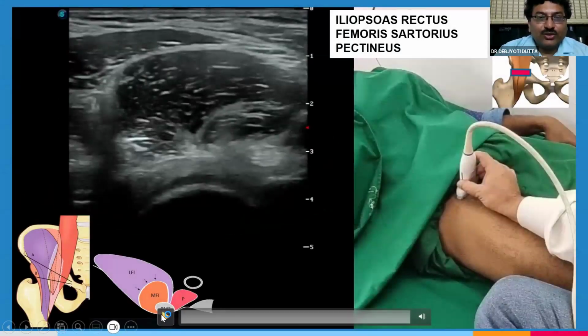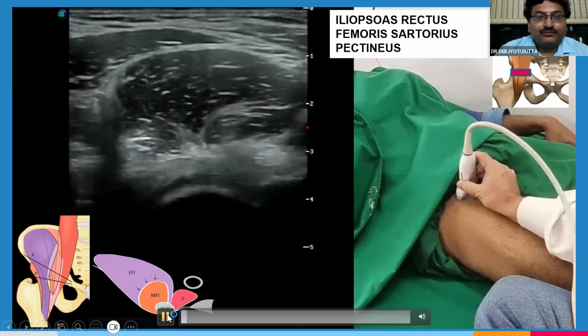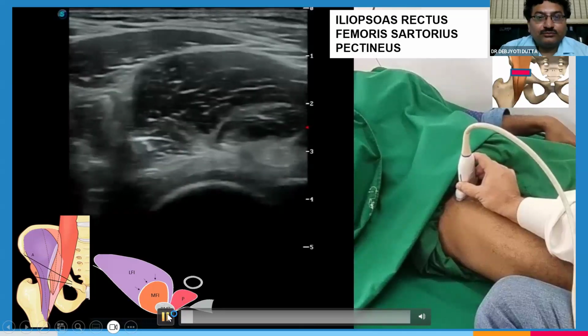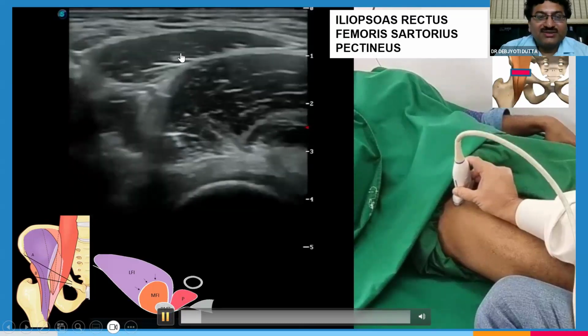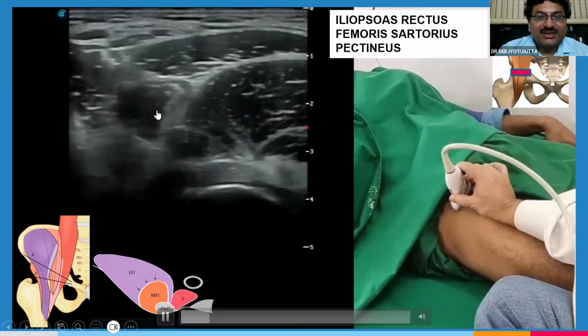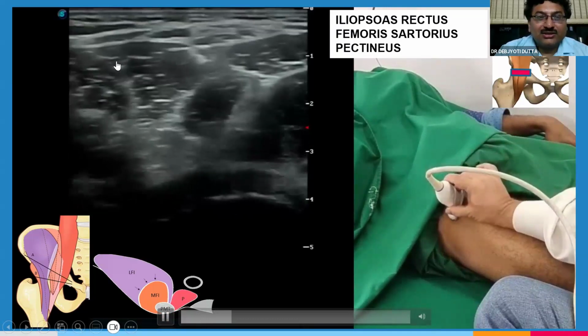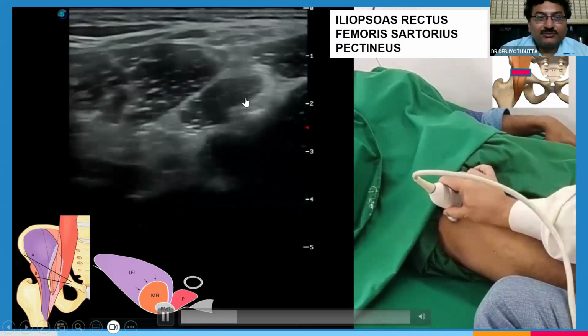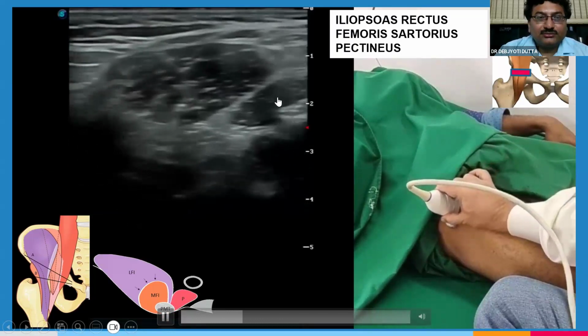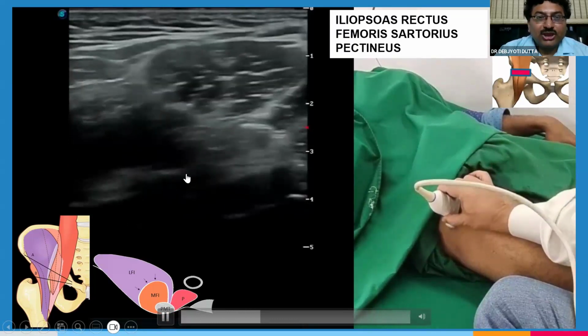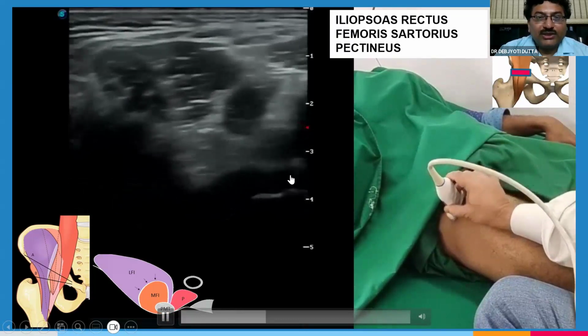As I told, here is very, very important. This is the sartorius, this is the rectus femoris, this is the tensor fascia lata, and below will become the glutei.